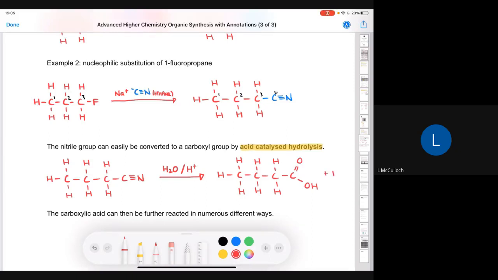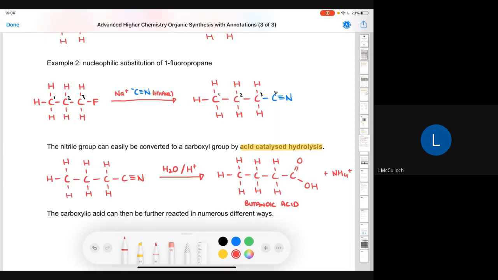Then our other product is going to be an ammonium ion. We really don't need to bother too much about the other product at all. The key thing is we are getting our carboxylic acid, and we could go ahead and name that one. That's butanoic acid.